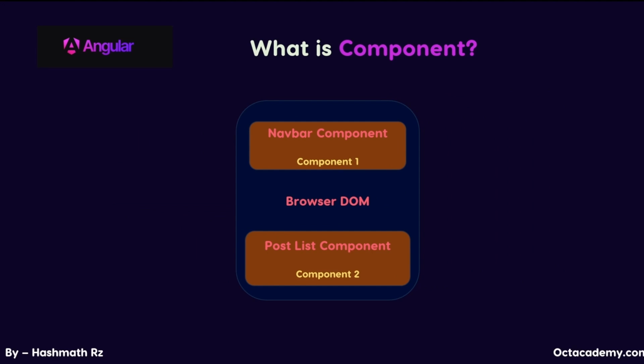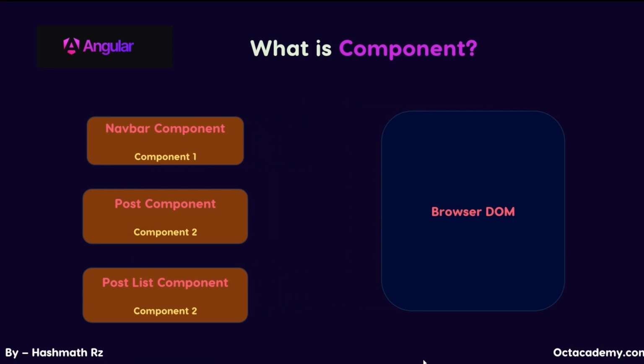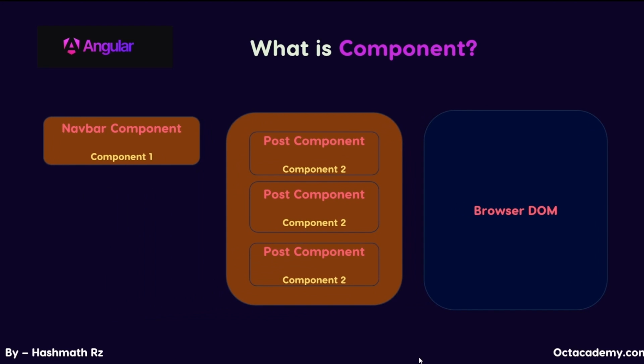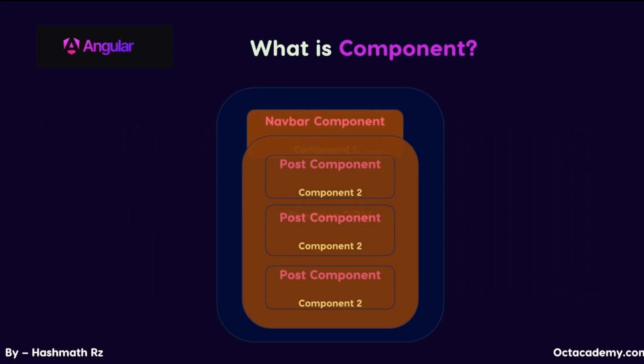Now let's look at what this relationship in these components is. Well guys, when we are building an Angular application, we do not just put all the components inside a main component, right? We are carefully organizing them in a structured way. And that's where component relationship comes into play. Think about it like a family tree.